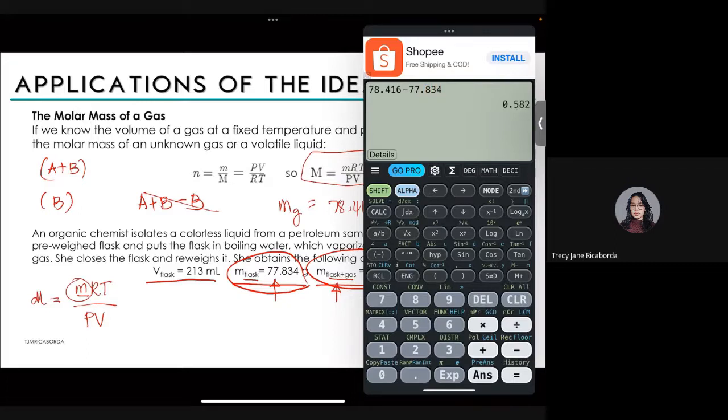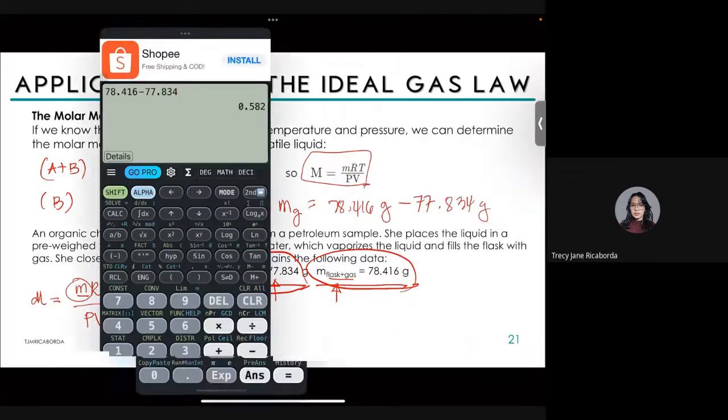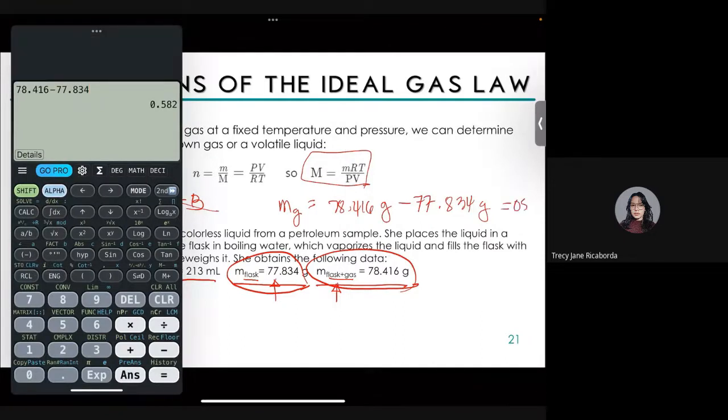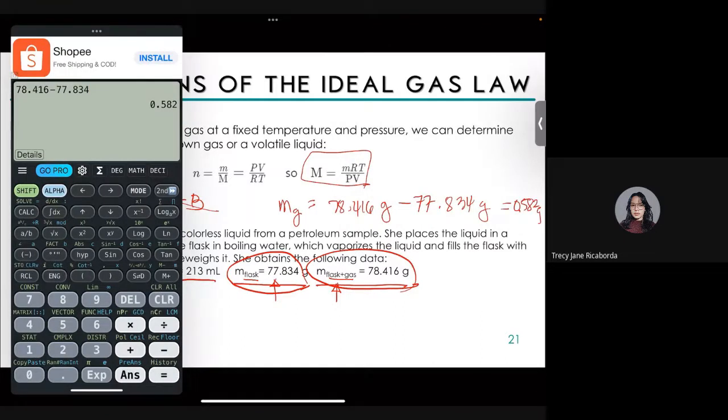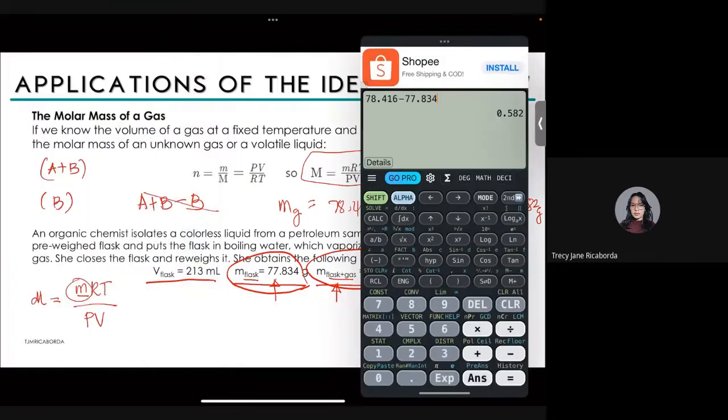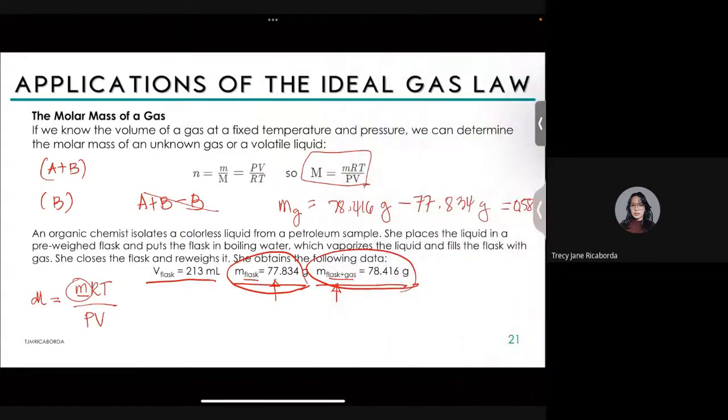That's 0.582 grams. So that's what we're gonna use. Equals one big fraction, 0.582 grams times the universal gas constant, 0.0821 liter atm all over mol K, times the temperature.